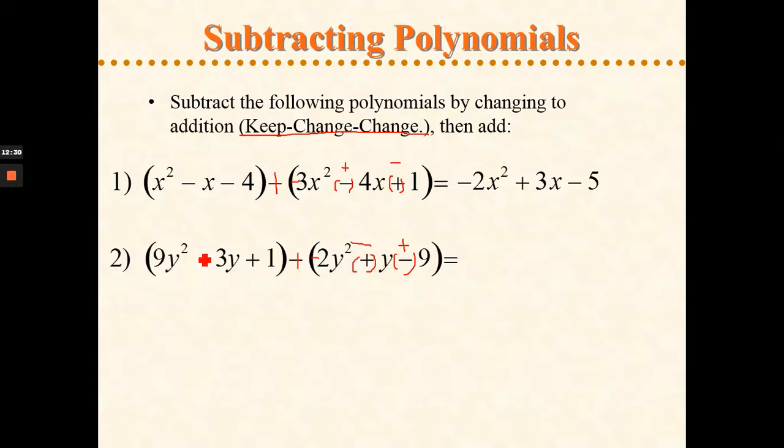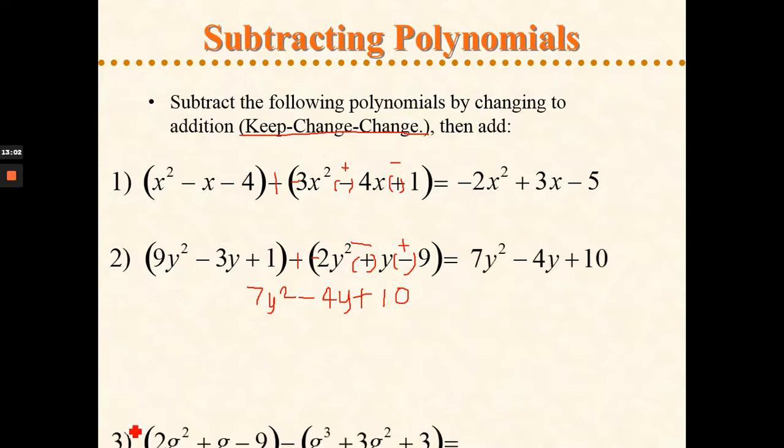So 9y squared plus negative 2y squared, that is 7y squared. Negative 3y plus negative y, remember that, negative 3 plus negative 1, that is negative 4y. And then 1 plus 9, that is positive 10.